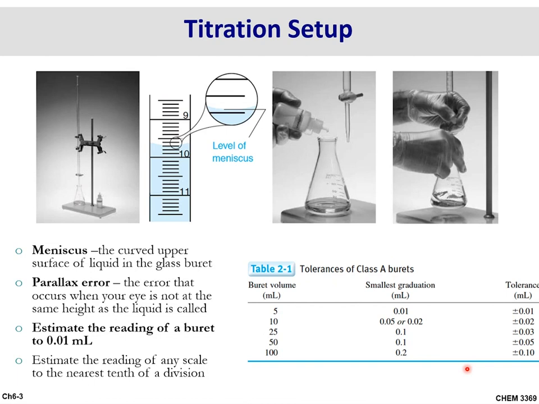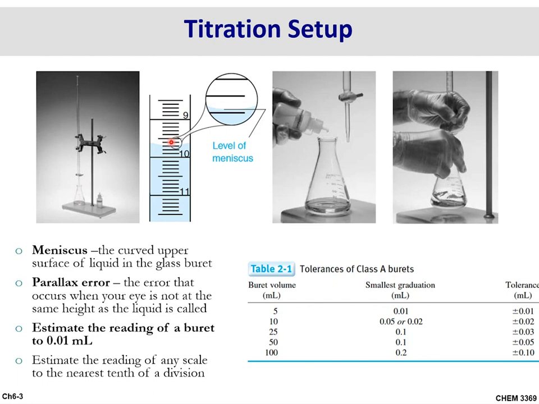Now, let's go back a little bit to the very basics. When you read the liquid level in a burette, your eye should be at the same height as the top of the liquid. So this is the top of the liquid, right? Whenever you try to read this volume, your eyes should be at the same level. If your eyes are too high, the liquid seems to be higher than it actually is.